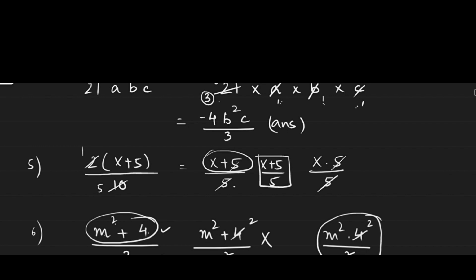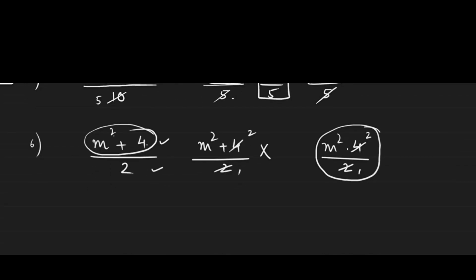If I take one more, suppose I have this a plus b and then I have c plus b. The numerator is the sum of two terms a plus b and the denominator is the sum of two terms c plus b. Clearly they are two different separate terms. A plus b and c plus b has no common factor.